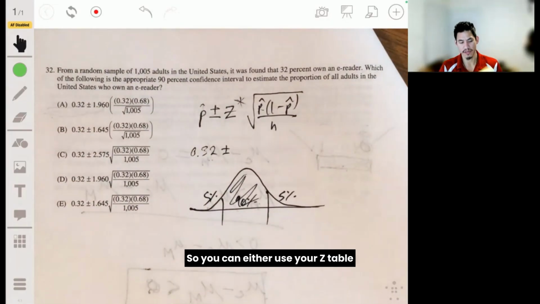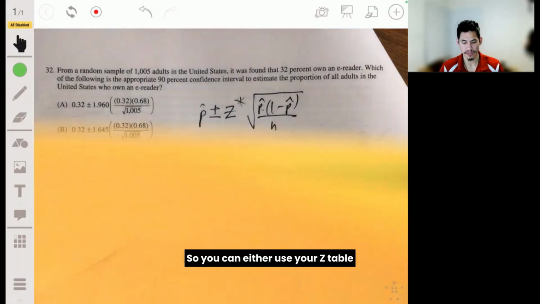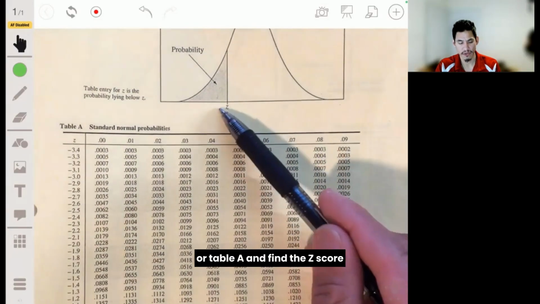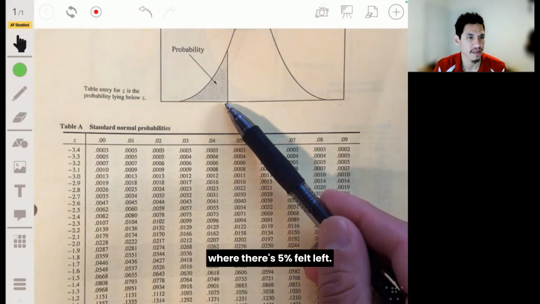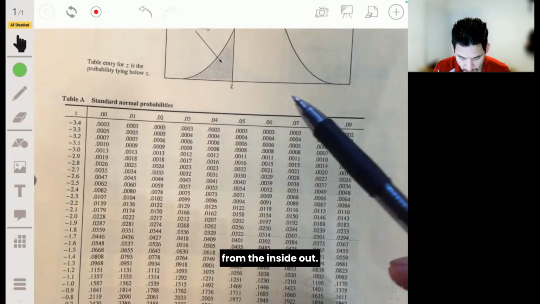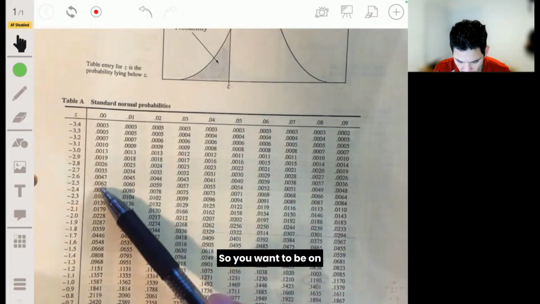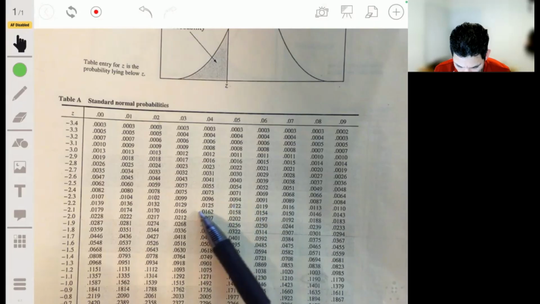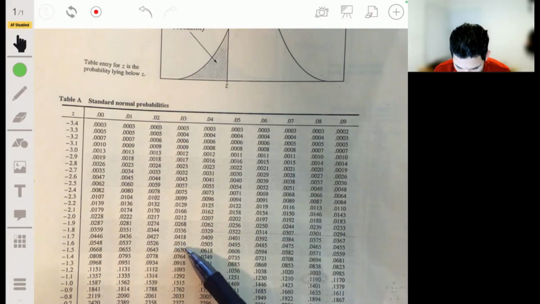So you can use your z table, or table A, and find the z score where there's 5% to the left. In this case, you would look from the inside out. So you want to be somewhere in here, 0.05.